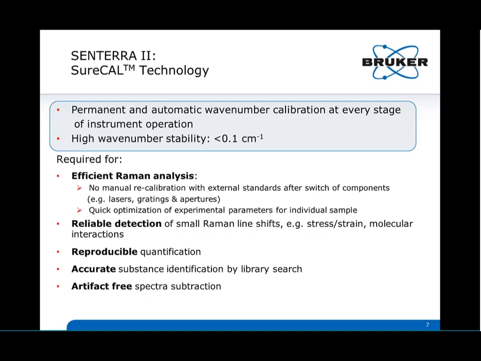The user does not have to care about any issues with calibration. And as further results, there is a reliable detection of small Raman shifts without any interaction of the user. You will receive a reproducible quantification, accurate substance identification with your searches, and artifact-free spectral subtraction.